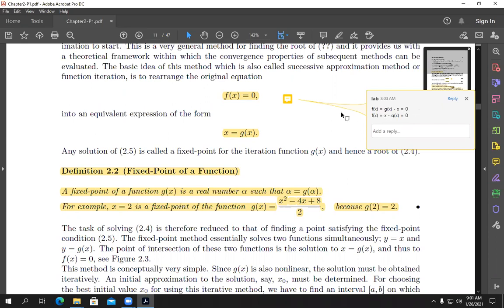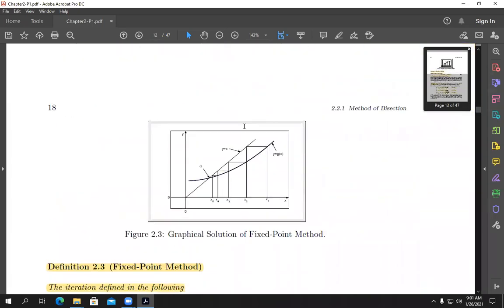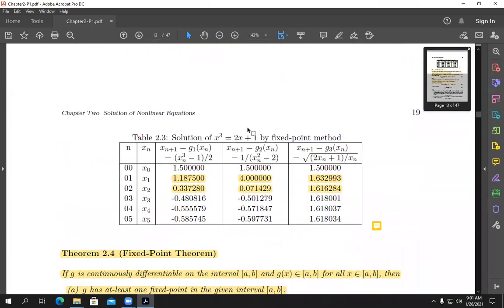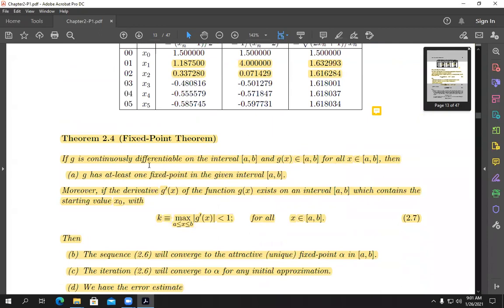And for one f you have more than a million g, but among them only one g will be the good one, which I gave you last time. The condition for g to be a good one is what? We have to show that g has a fixed point inside the interval.